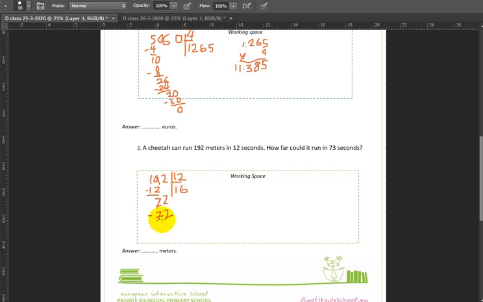I do this subtraction and I get 0. Perfect. So the cheetah can run 16 meters in 1 second. So how many meters in 73 seconds? To find that, I'm going to do 16 times 73.